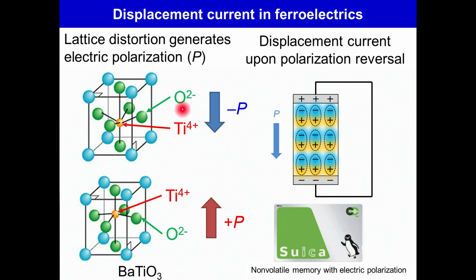Titanium and oxygen are mutually displaced, and titanium is displaced upward in the inverted one. So the one with a negative charge and the one with a positive charge are mutually displaced, and the crystal itself has this positive and negative polarization. Furthermore, the downward polarization and the upward polarization can be switched freely between two different states.